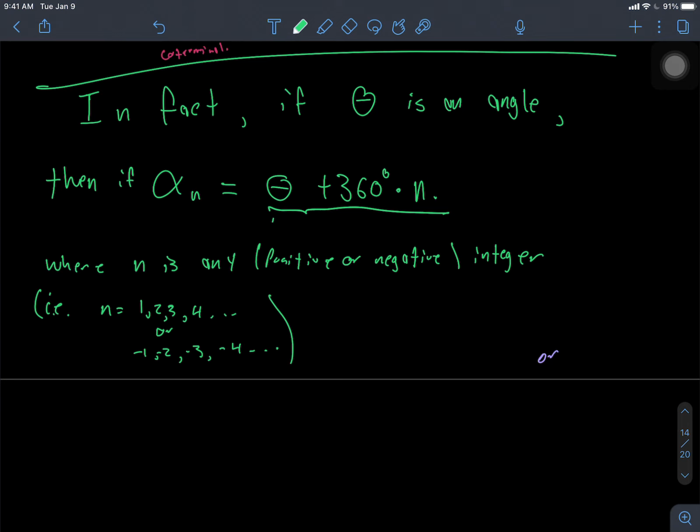If alpha n is defined in this way, alpha n and theta are coterminal.